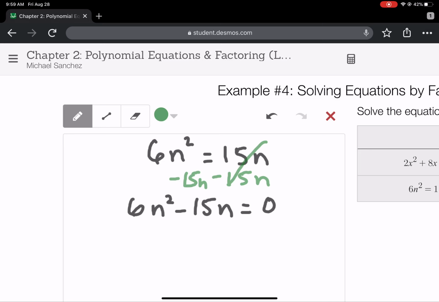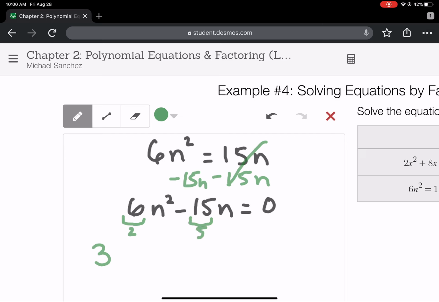Okay, so to factor it out, I'm going to start with the number. What's the greatest number that goes into both of these terms? Well, 2 times 3 gives me 6, but 2 times nothing gives me 15. That's not a whole number. So I don't want to deal with decimals or fractions, so we're going to keep on trying. So 2 doesn't work for 15. Okay, what about 3? 3 times 2 gives me 6, and 3 times 5 gives me 15.